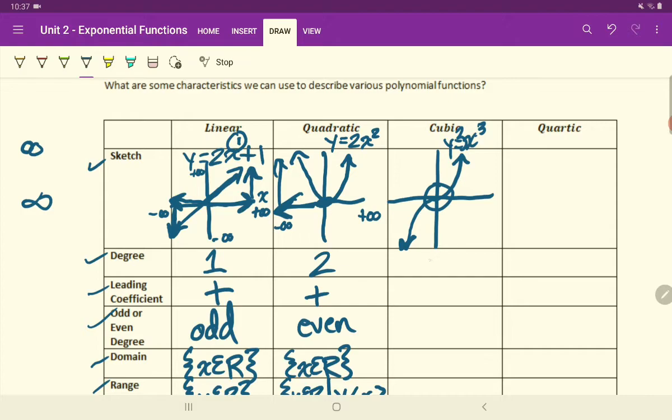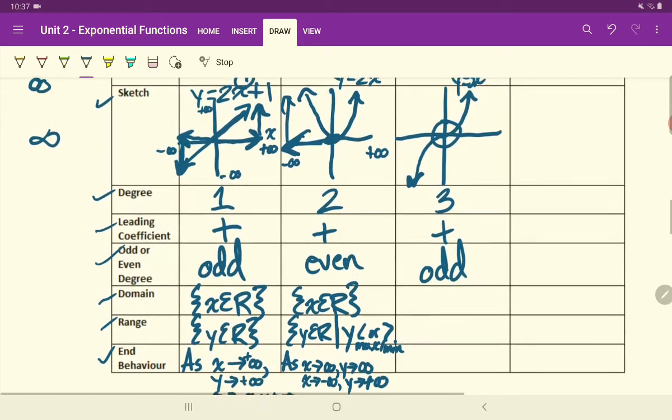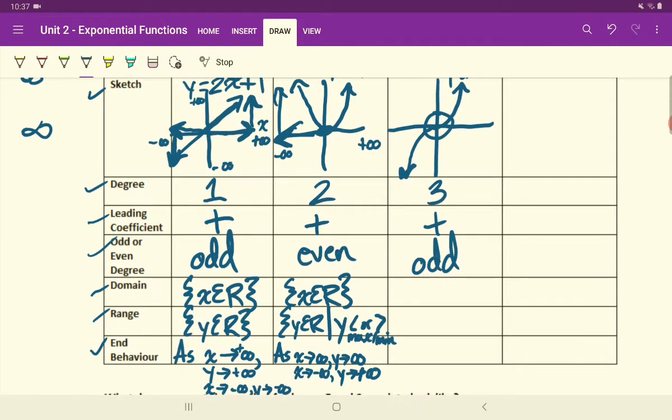So this is certainly a degree of 3. The coefficient is positive 3, so the leading sign is positive. A degree of 3 is odd. What is my domain and range? It's actually identical to a linear equation.